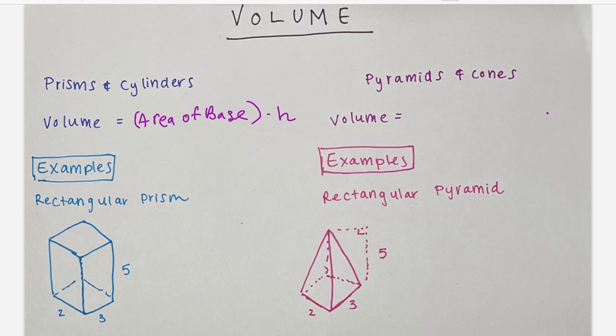You can fit 3 of the pyramids and cones into the prism and cylinder. So that means that you have 1/3 the volume of the prism and cylinder. So we're going to have the same formula times 1/3: area of base times the height.